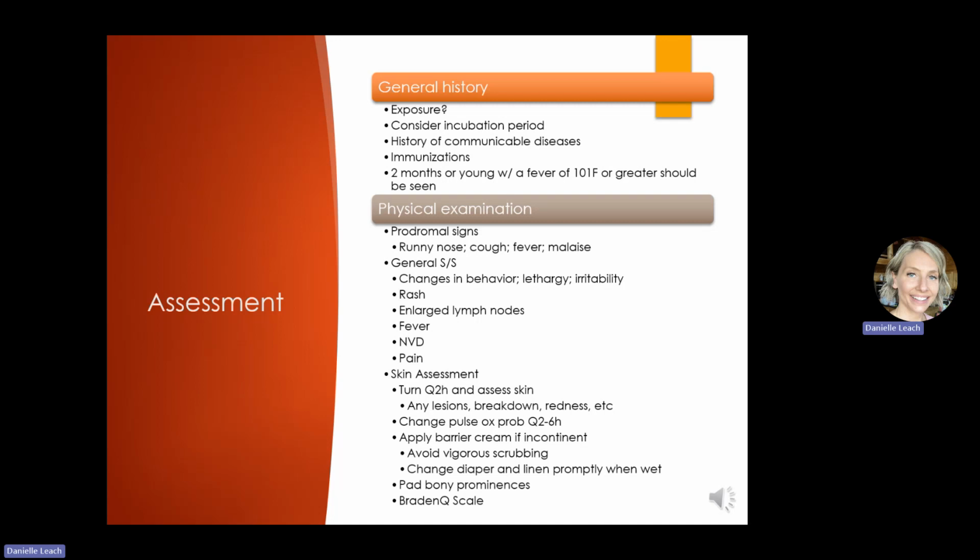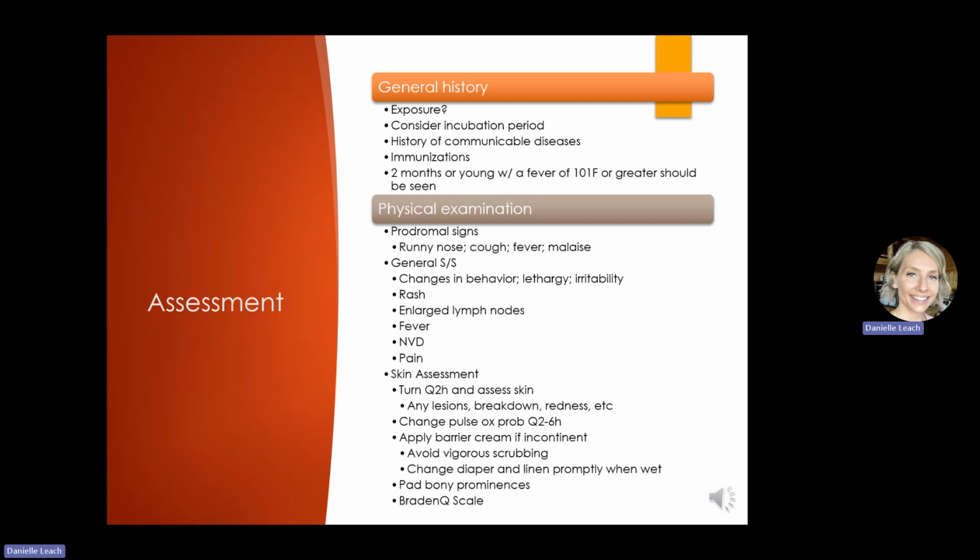Very young infants do not have very good immune systems, and it can progress to sepsis or being very bad very quickly. So if it's a very, very young baby, less than 2 months, they need to be seen. However, some of these diseases that we're going to be talking about don't always need to be seen by a provider, so they can be taken care of at home.